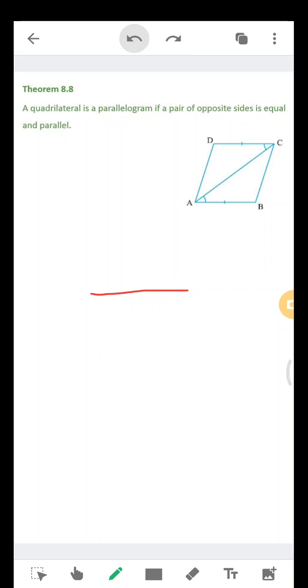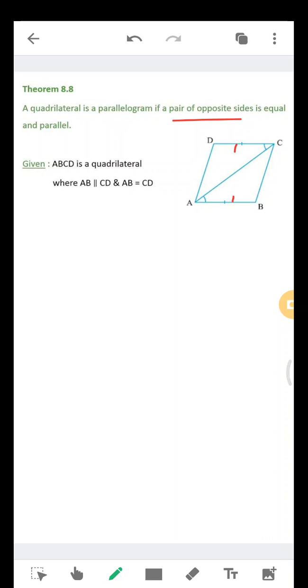So let's prove this theorem now. Theorem 8.8. Let's consider a quadrilateral ABCD in which AB is parallel to CD and AB is equal to CD, because it's given in the question that opposite sides are equal and parallel.